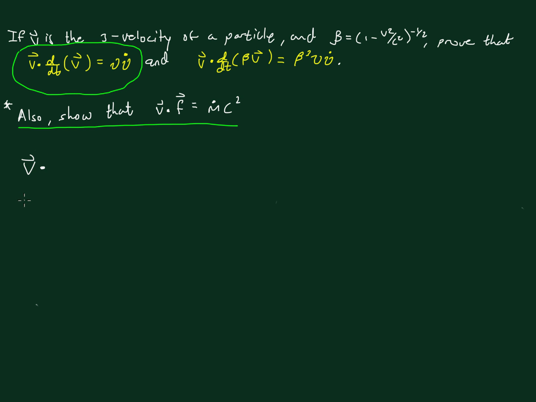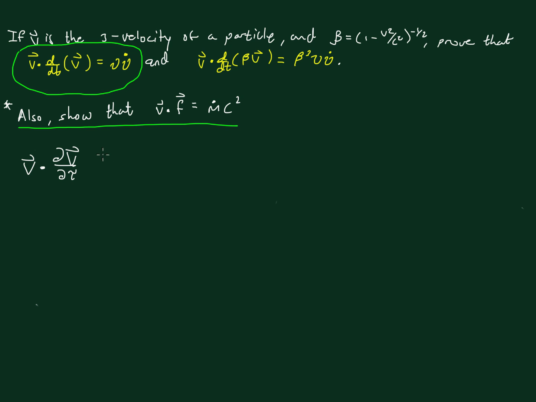Now remember, when you're taking the time derivative of four vectors, you take it with respect to tau, the proper time. So the time derivative of the forward velocity would be dV/d tau, not dV/dt.